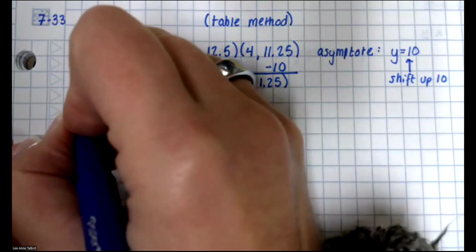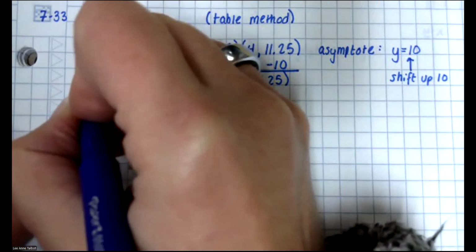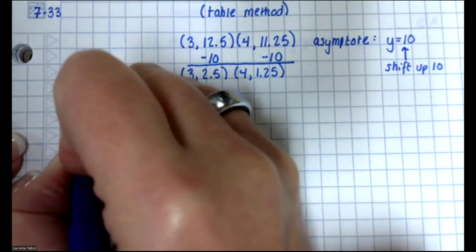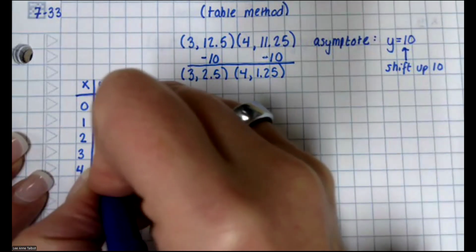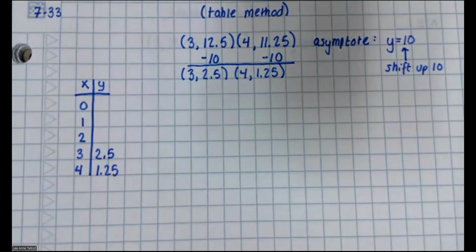Okay, now table. When you make your table, always put a spot for 0. And again, you will get the problem wrong if you forget to undo the asymptote first.